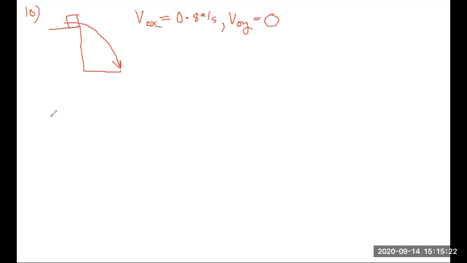And then we're told that the distance fallen, the vertical distance fallen between the bar and the floor, is 1.3 meters. So I'm going to call that y minus y naught. And then, of course, we know that the acceleration of gravity is 9.8 meters per second squared. So that's the information that we know in this problem.